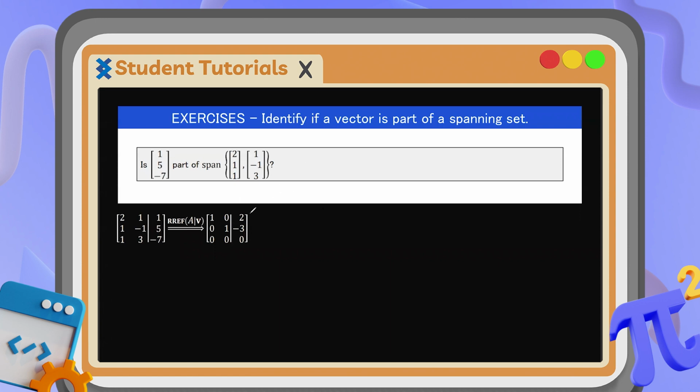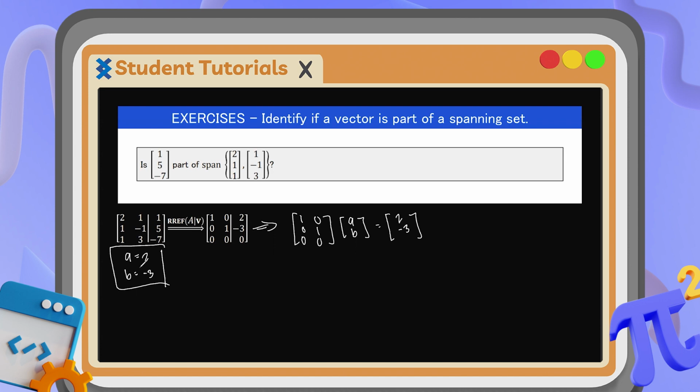You can also interpret this result as saying 1, 0, 0, 0, negative 1, 0 times your scalars a and b, which should be equal to 2, negative 3. By evaluating this, it gets you a equals 2 and b equals negative 3.